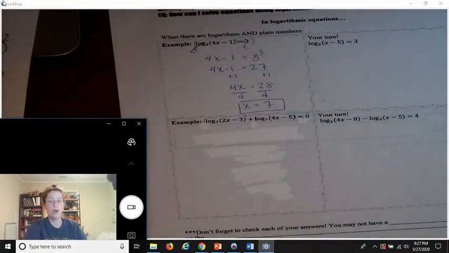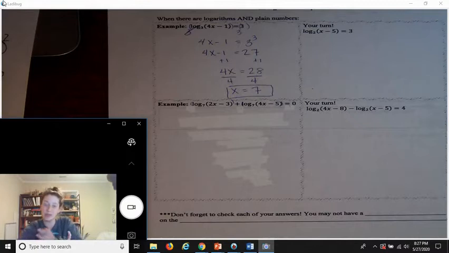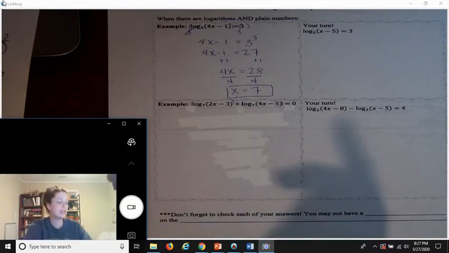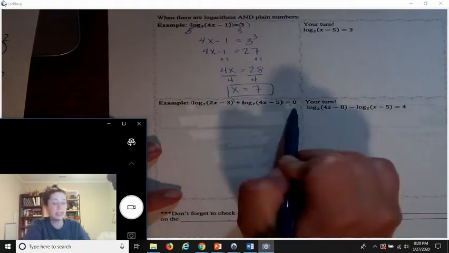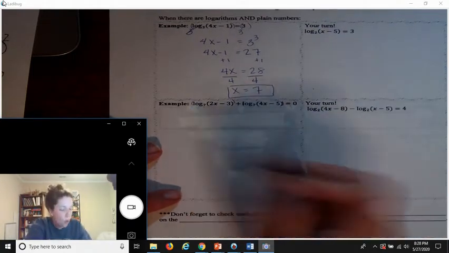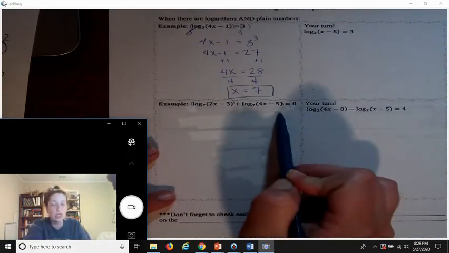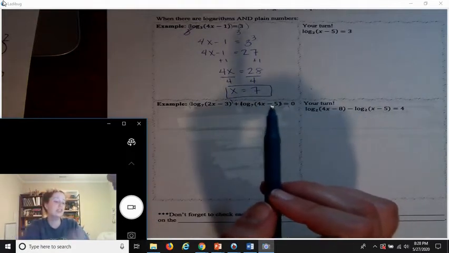Just a minute ago, I messed up, so I cut the last part out of the video, and I am fixing my mistake. My mistake was, I thought I could just raise each of these pieces with the base 7. That doesn't work because you have to do the whole side of the equation with that base, not just each term.